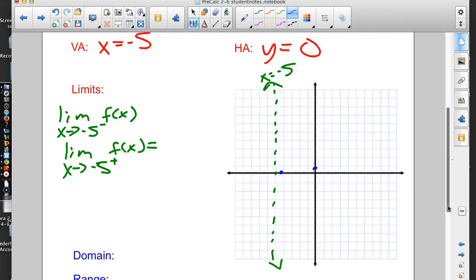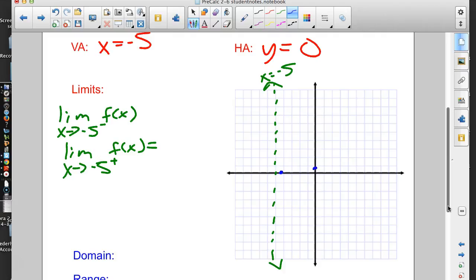Let me get this in. You can see there's no symmetry here. This is just really, really strange.